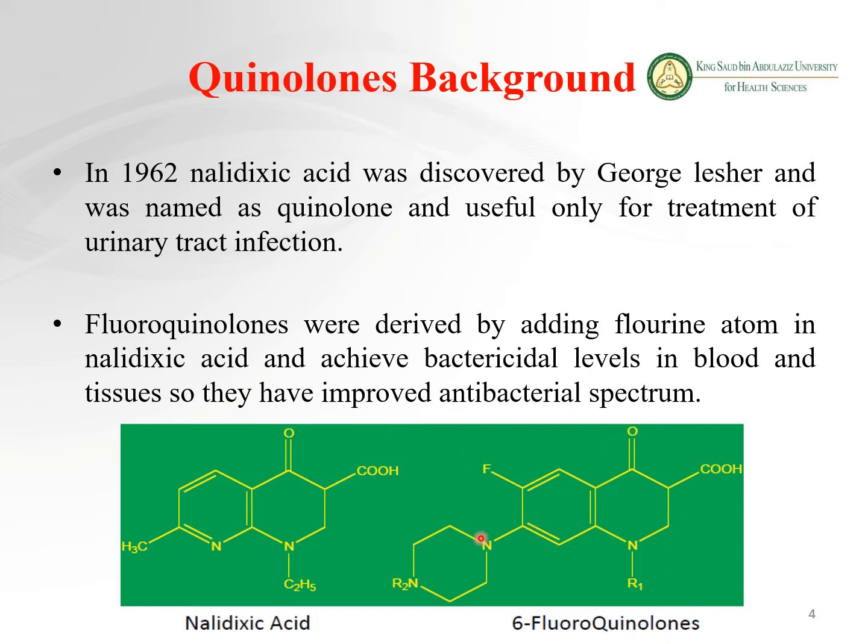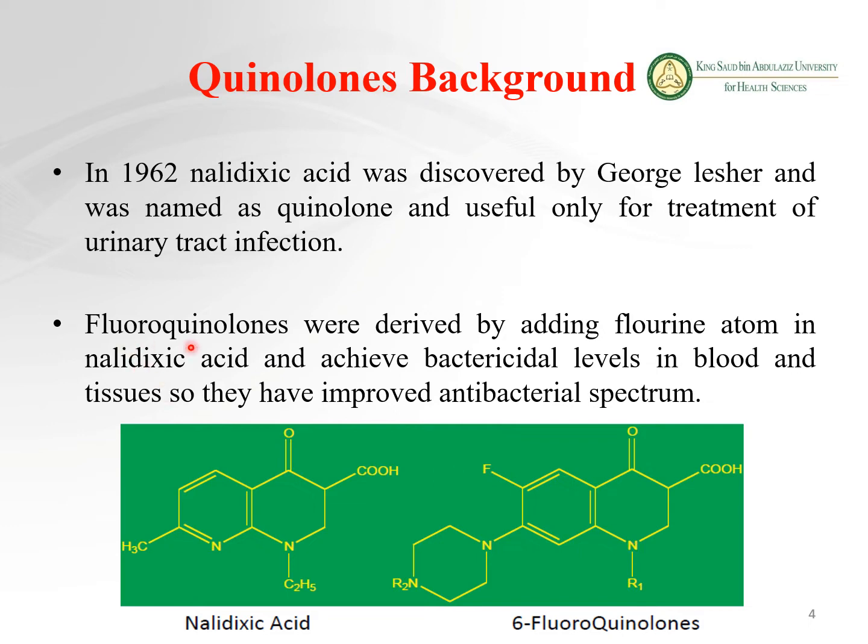One example is where a fluorine group was added to nalidixic acid, and then it achieved bactericidal levels in the blood and the tissues. So it increases the distribution of this drug to the blood and tissue levels, and that's why it has improved the antibacterial spectrum of these drugs.